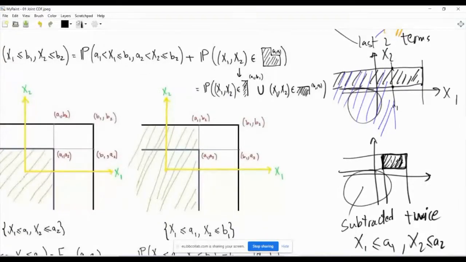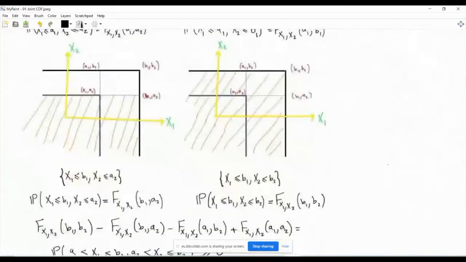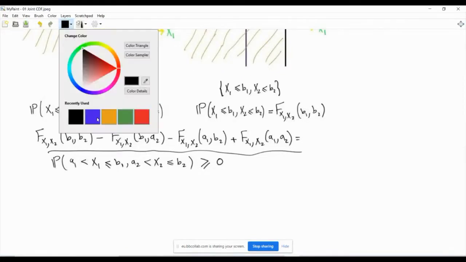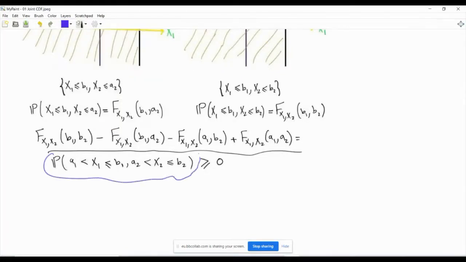So this long story is just the probability that the random variables x1 and x2 are in this box here. This expression, which may look mysterious, is nothing but the probability that x1 is between a1 and b1 and x2 is between a2 and b2.